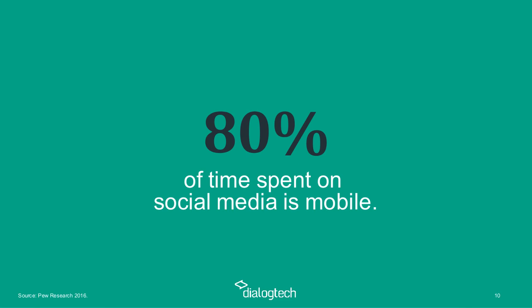Not only is 80% of time spent on social media mobile, Instagram is a mobile app. It's interesting to note that Facebook actually stopped reporting on mobile users in their quarterly report because nearly all of their users access the platform from a mobile device. So it's interesting to see the shift in how they're reporting and analyzing that information and providing it to the public.